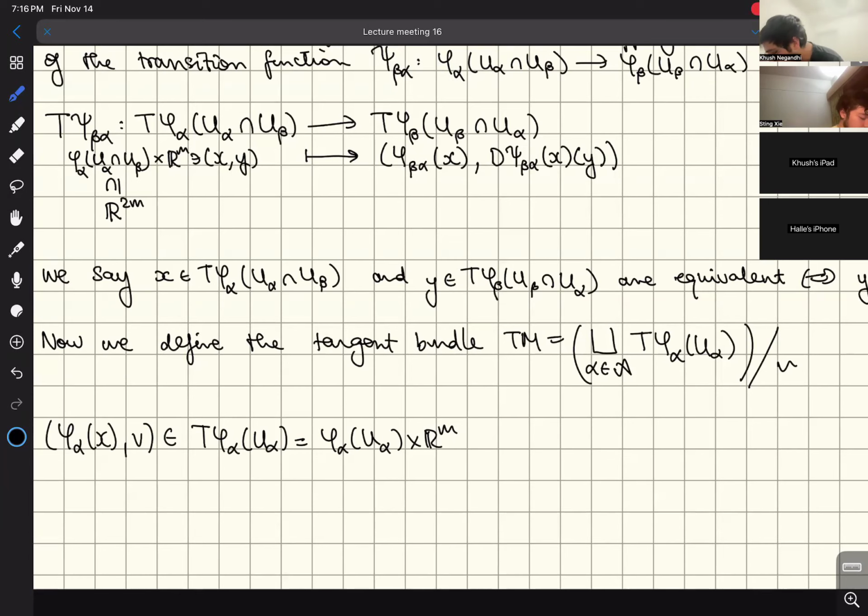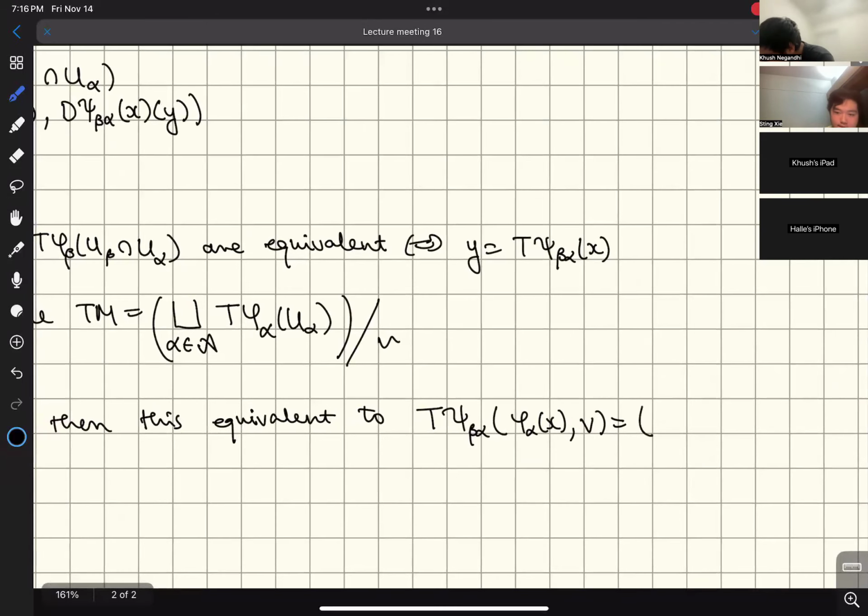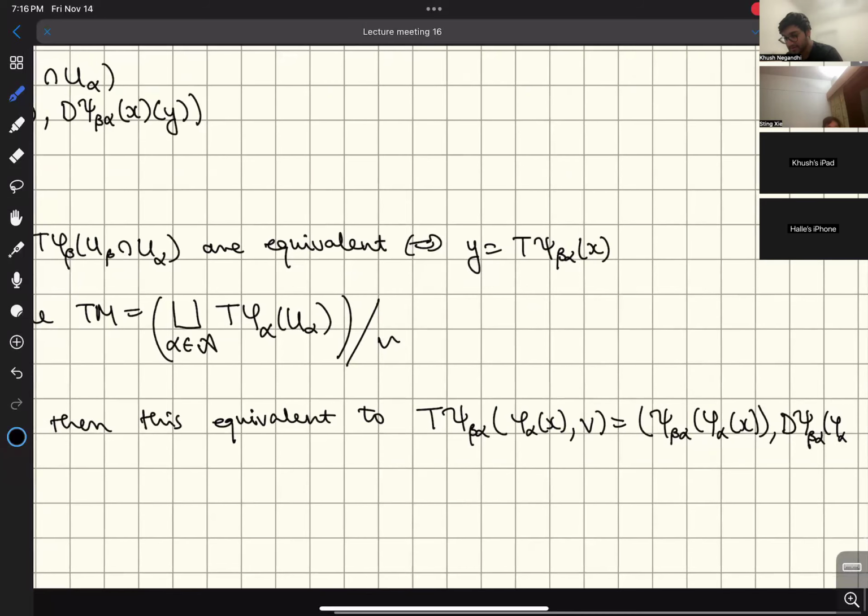Then this is equivalent to T psi beta alpha of phi alpha x v, which by our definition is just psi beta alpha of phi alpha of x, and then the derivative of psi beta alpha at phi alpha. Okay, I didn't realize I'd run out of space.